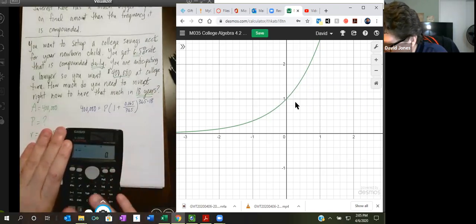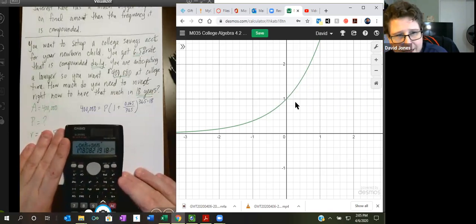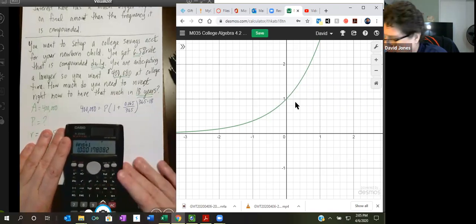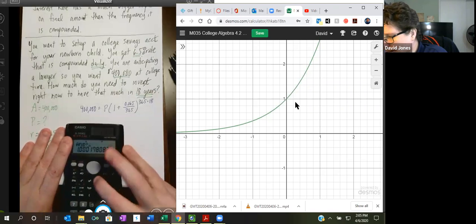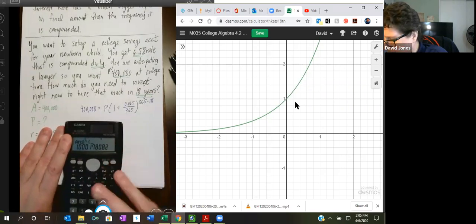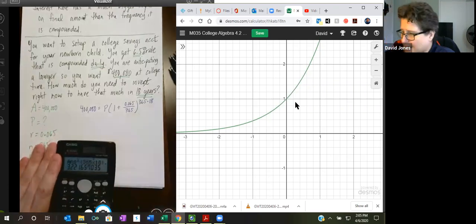So 0.065 divided by 365 equals. I'm going to add 1 to it. Then I'm going to raise that to an exponent. I'm going to put in parentheses 365 times 18. And that's what this is. That's this value right here.